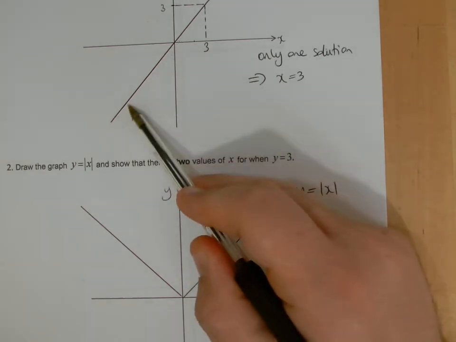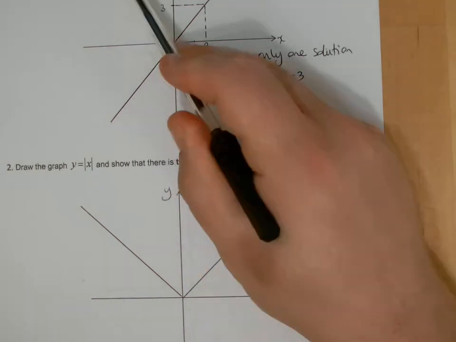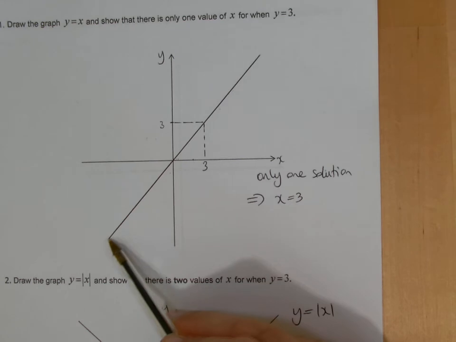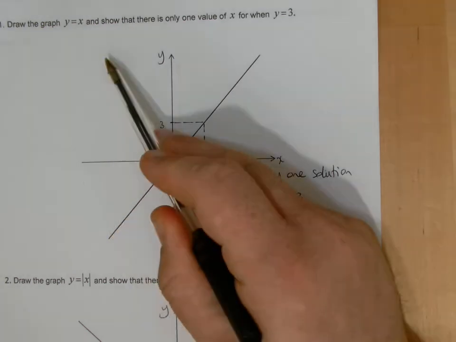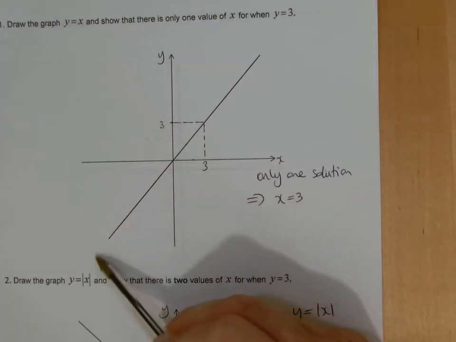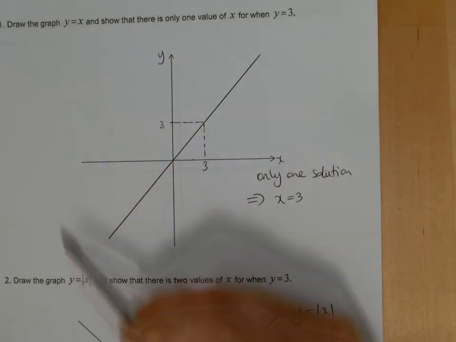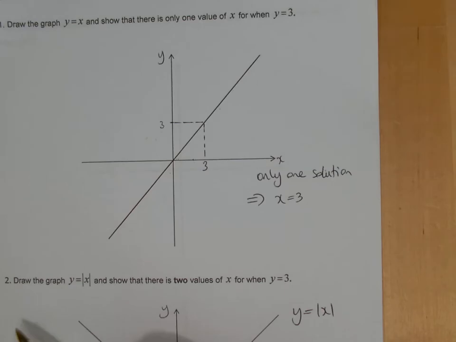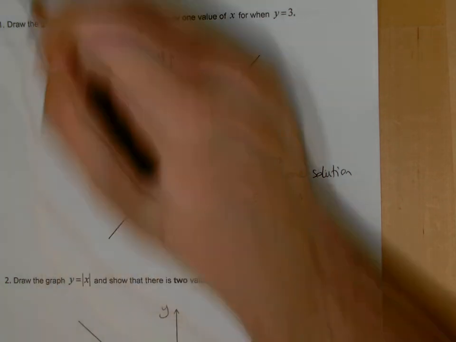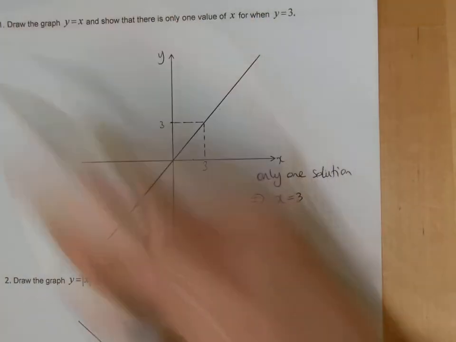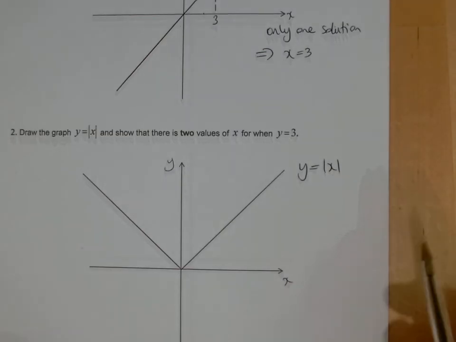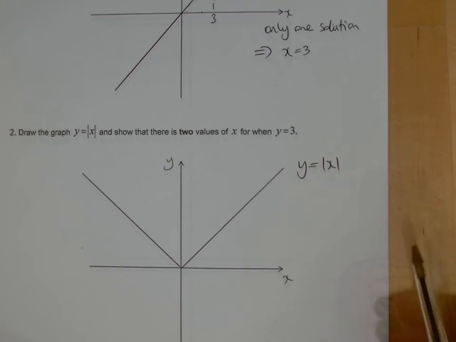So if you've got -4, it becomes +4 and goes up here. If you've got -5, it becomes +5 up here. If you've got -6 for the y value, it becomes +6 up here. If you've got -7, it becomes +7. If you've got -100, whatever down here, it'll become +100. So it flips in the x-axis, and you get that. Okay. That will be the modulus graph for x.